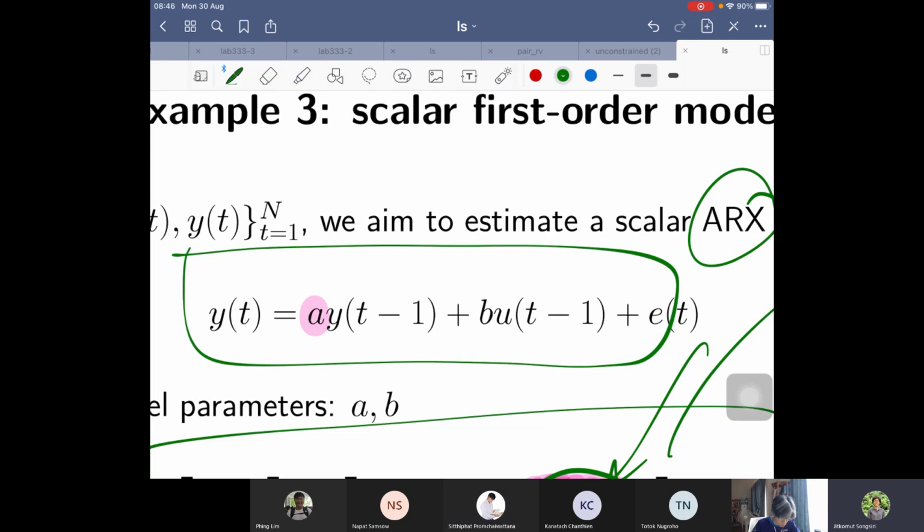Stationary, if there is a condition on A. Do we have some condition on A? Does A need to be greater than 0? This is discrete time. This is a discrete time linear state space equation, right?